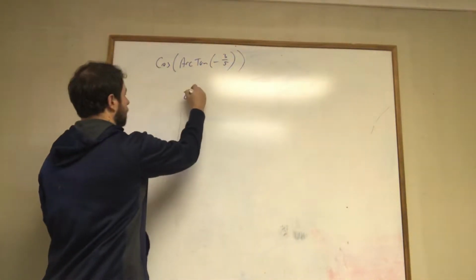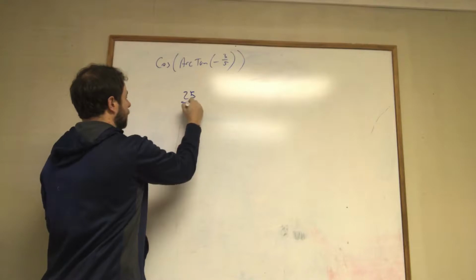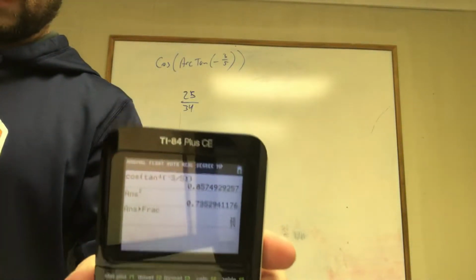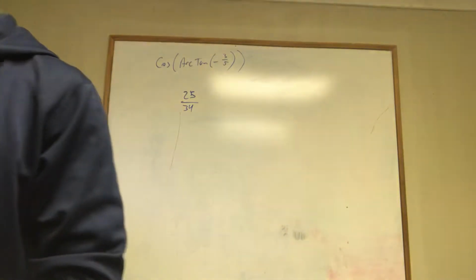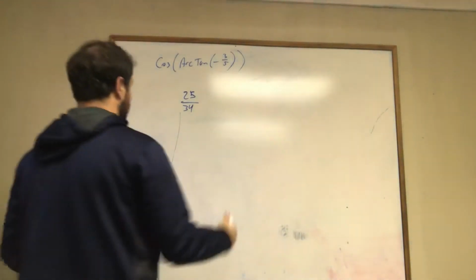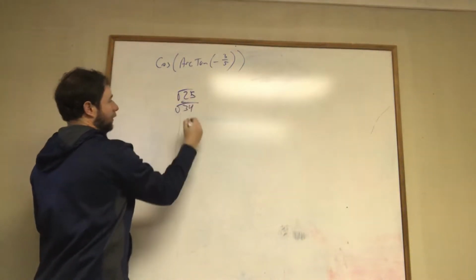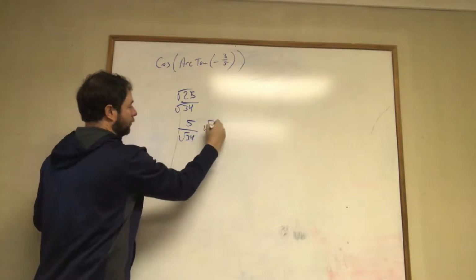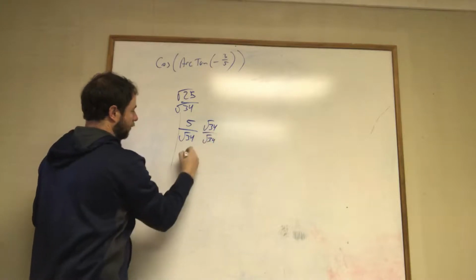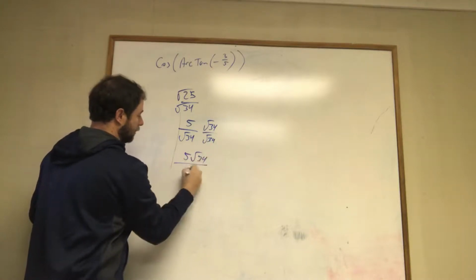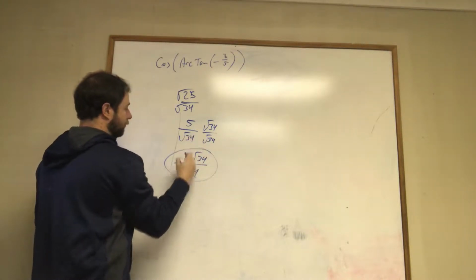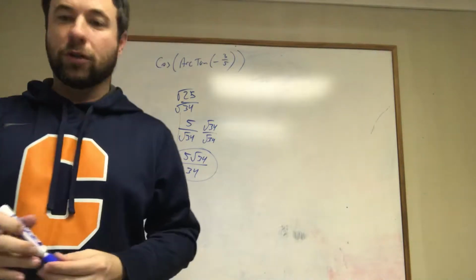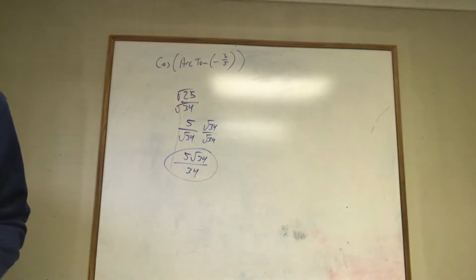So if this is the squared version of your answer, then you need to get the square root of this to get the actual answer without it being a decimal. So you get 5/√34, multiply it times √34/34, then your answer is 5√34/34. This is the answer that they have in the book, but you couldn't have got that from your calculator unless you squared it.